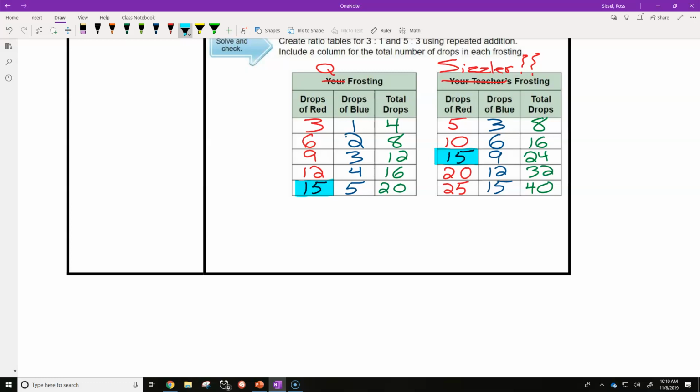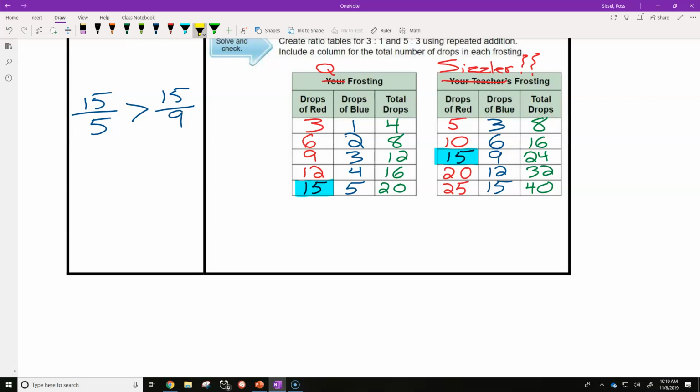When I put 15 in, I'm going to put in 9 blue. Whose is going to be more red? Quentin. It would have been 15 to 5 compared to 15 to 9. Quentin had more. Okay, that's one way you could have done this.